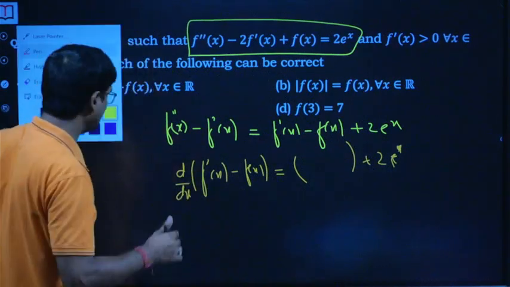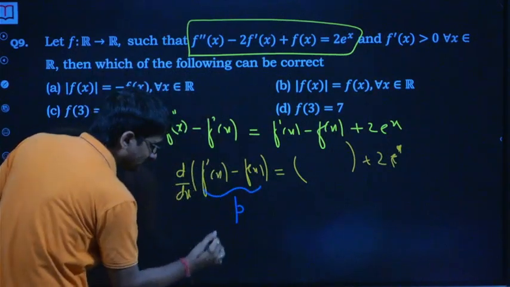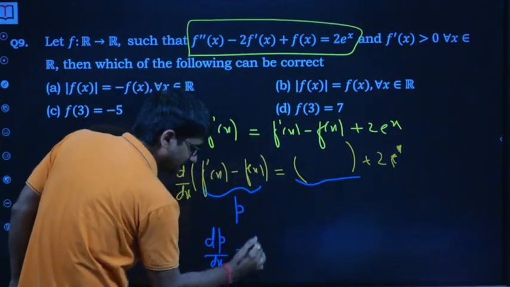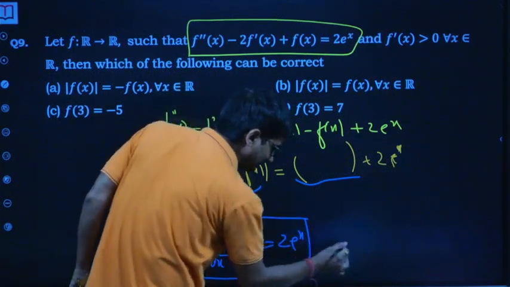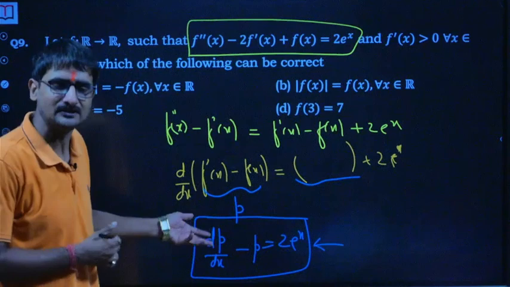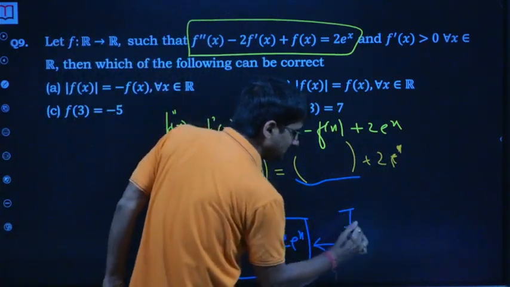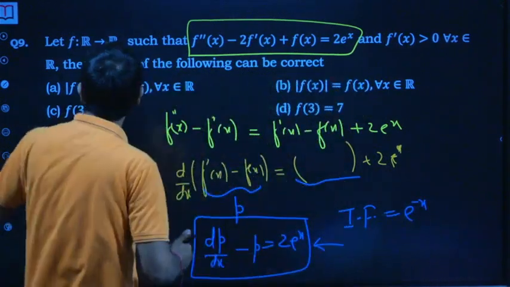I realized if I assume it as p, now see what happened. dp by dx, this is also p, minus p is equal to 2 times e raised to the power x, and the very moment I wrote it, I realized I can compare it with a linear differential equation. So the integrating factor here is e raised to the power minus x. Multiply both sides by the integrating factor.